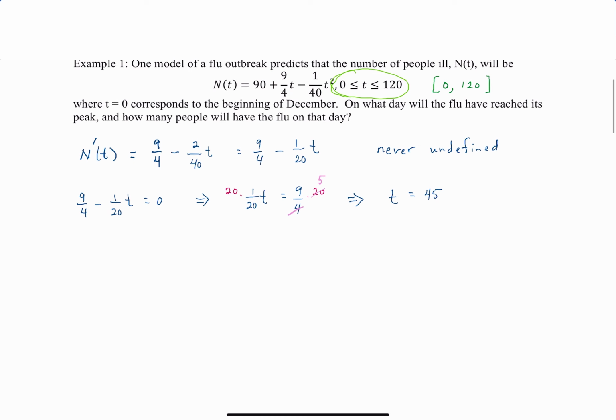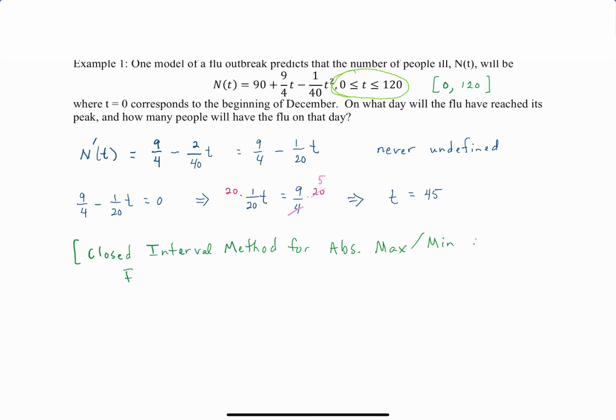And the way the closed interval method worked is, here's just a quick review of that. Closed interval method for absolute maxes and mins.